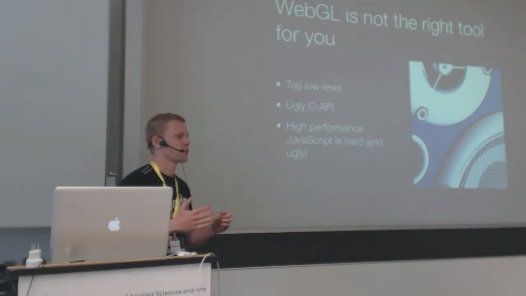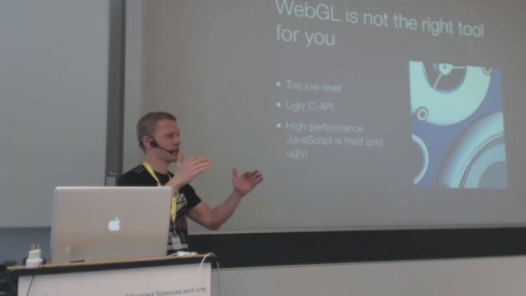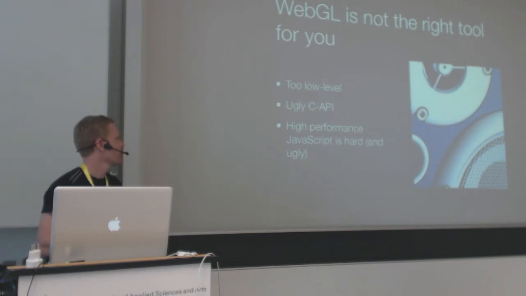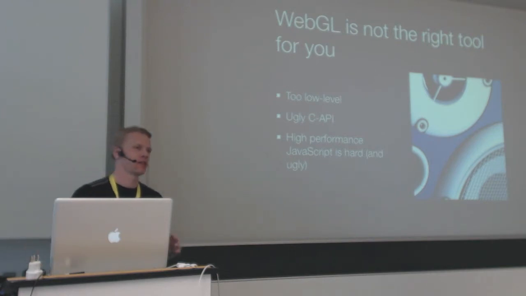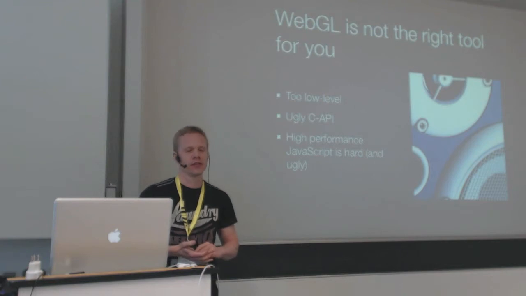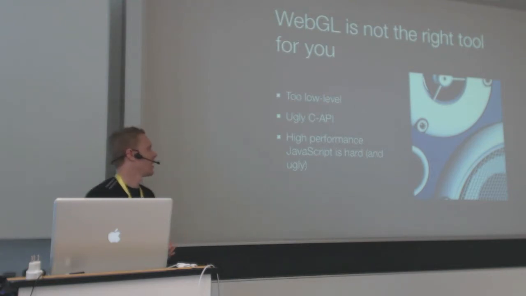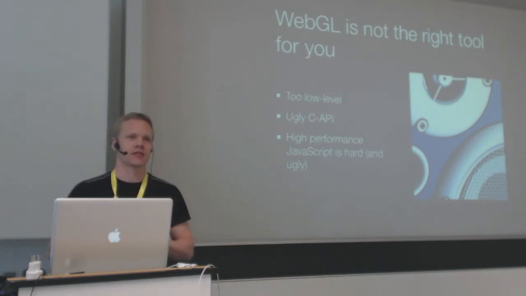JavaScript developers tend to work at a fairly high level of abstraction, whereas WebGL is very low level. Also, the API is based on a C API, the OpenGL ES 2. And this brings a lot of new complexities to JavaScript, which JavaScript developers are not familiar with.